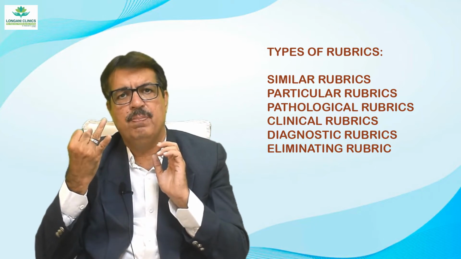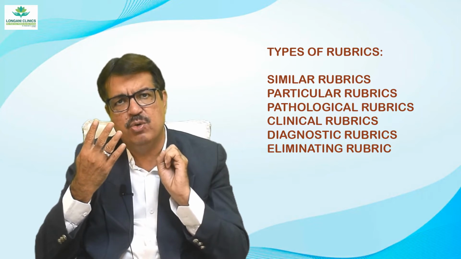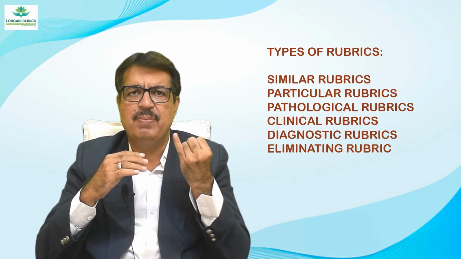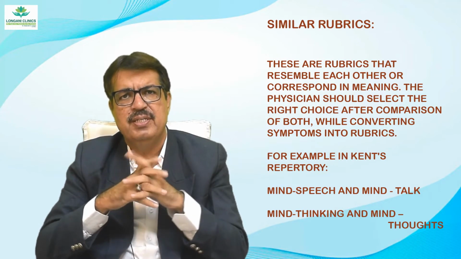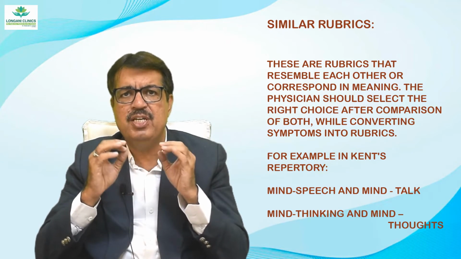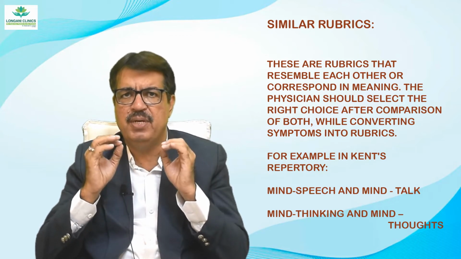Now we will see the types of rubrics: similar rubric, particular rubrics, pathological rubrics, clinical rubrics, diagnostic rubrics. Then comes the eliminating rubric. Now we'll see the similar rubric. These are rubrics that resemble each other or correspond in meaning.